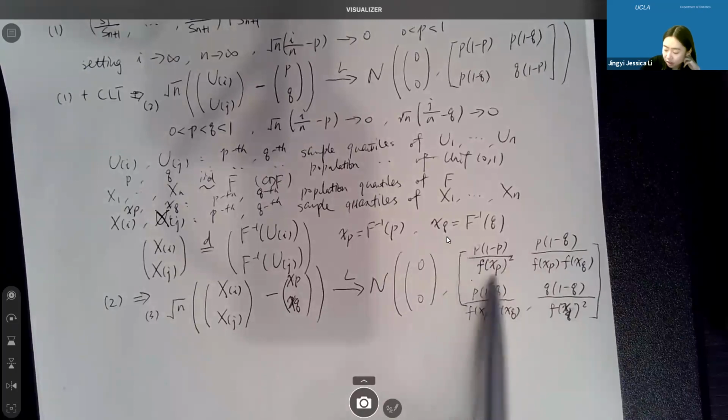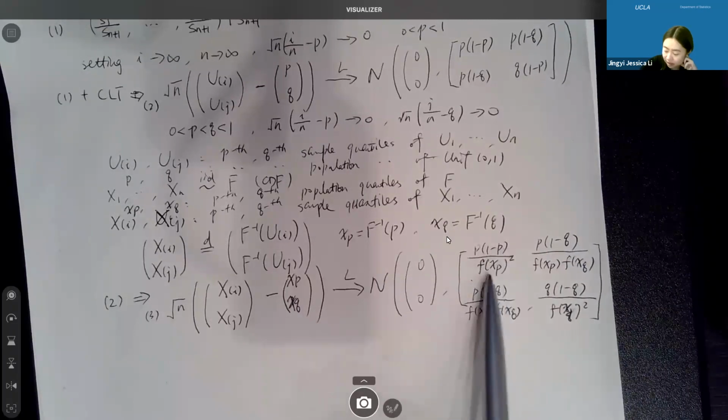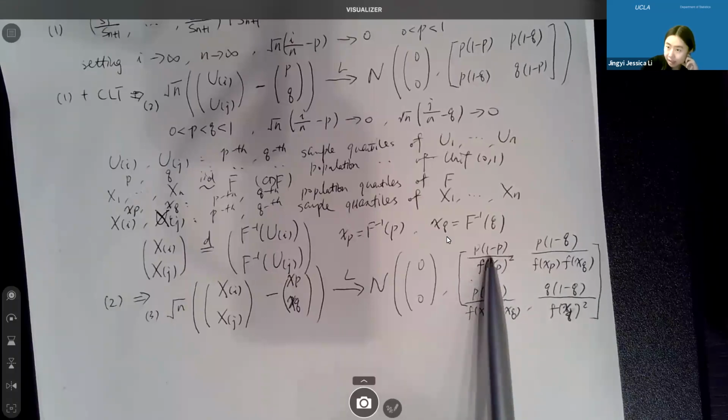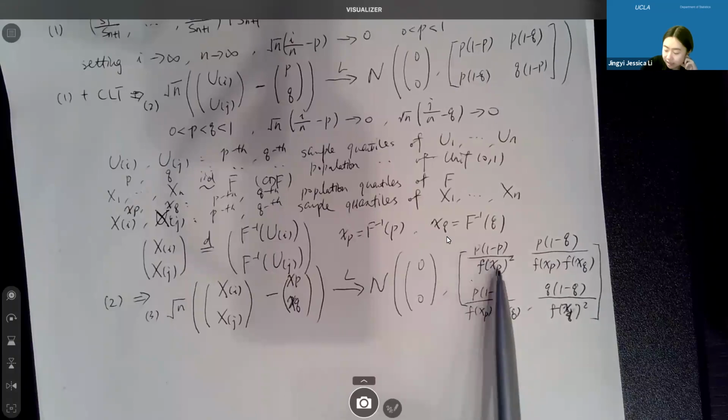Okay, that's it. So we're saying that essentially to estimate the population quantile, say the P quantile, let's look at the first term, P times 1 minus P divided by density at Xp squared. This variance will decrease if the density at the P population quantile increases. What does that mean?